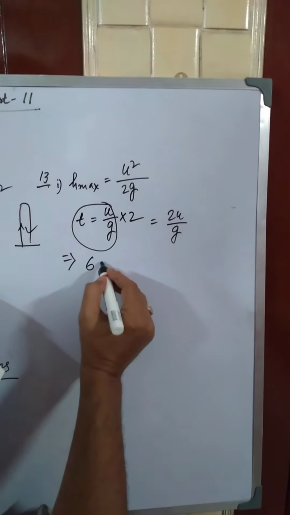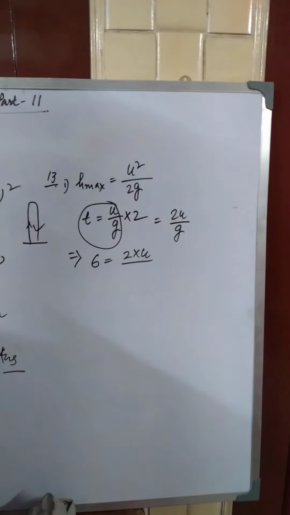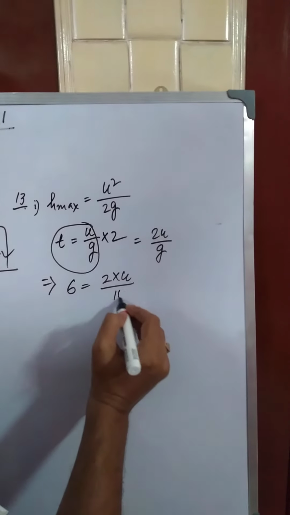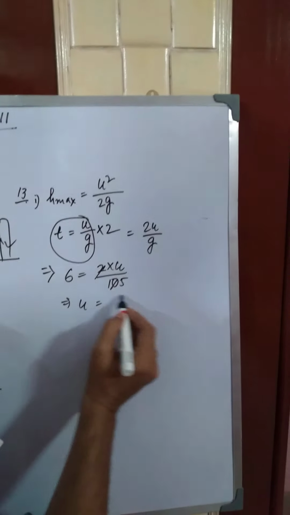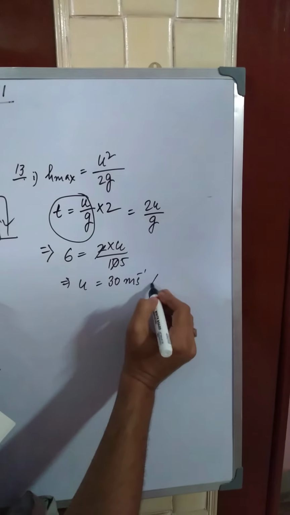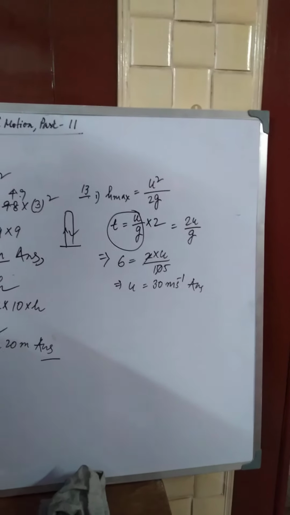So the value of T equal to 6, 2 into U, the value of G. The value of G is given as 10 meter per second square. So 6 fives are 30. So the initial velocity is 30 meter per second. What is the initial velocity? 30 meter per second.